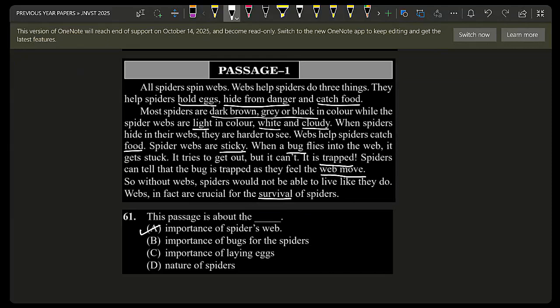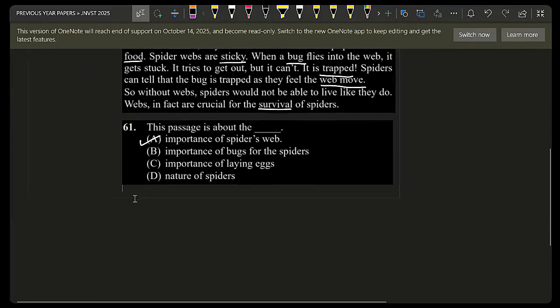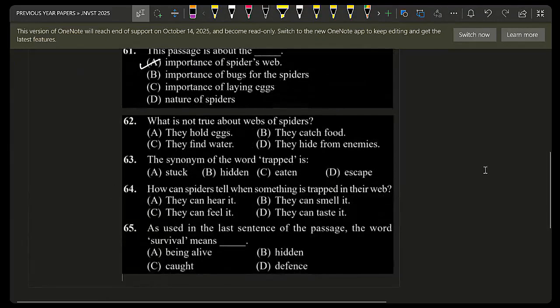Next, going to the next set of questions in this passage. 62. What is not true about webs of spiders?